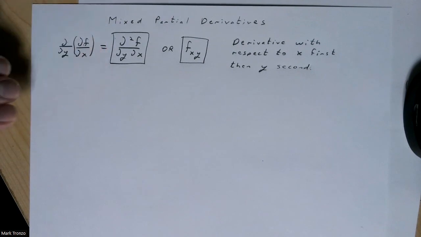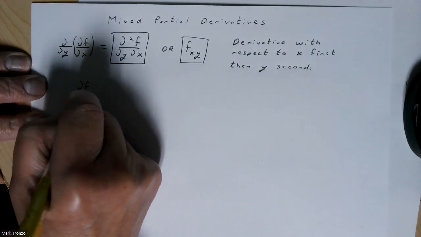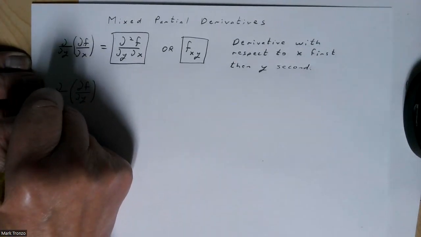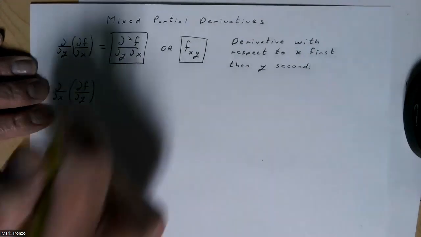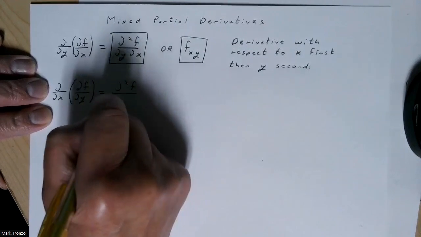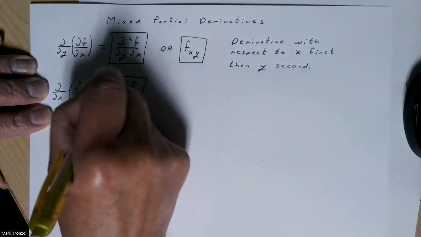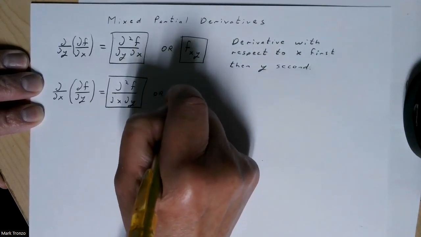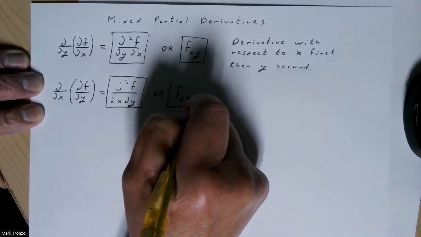And now going the other way, let's say if we first take the derivative with respect to y, and then we want the derivative of that with respect to x, we take the derivative with respect to y first, then x, then that's going to be written dx dy, like this, or like this.